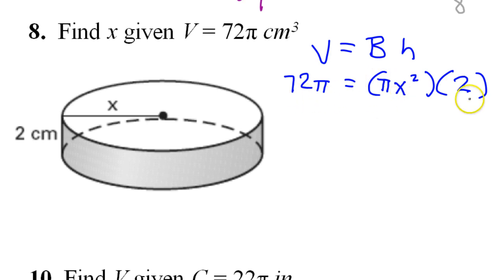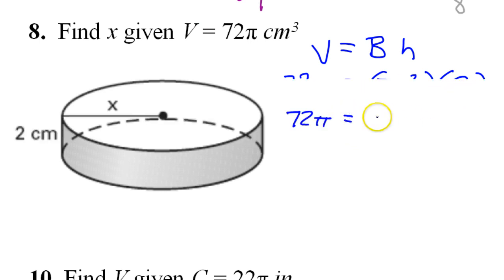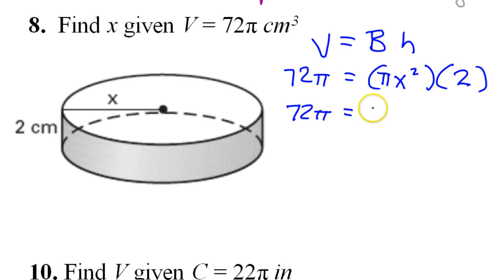Okay. So we need to solve this for x. Alright, so we have 72 pi. I'm going to take away the parentheses now. So we could rewrite this as 2 pi x squared. I just put the 2 in the front.